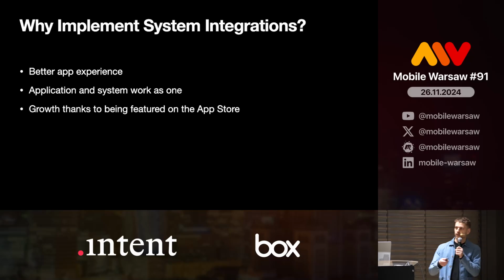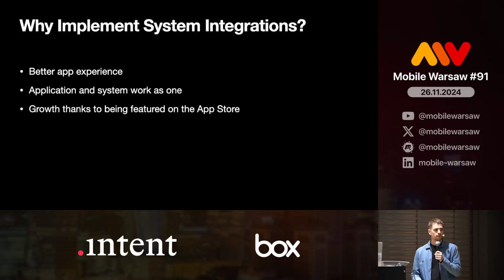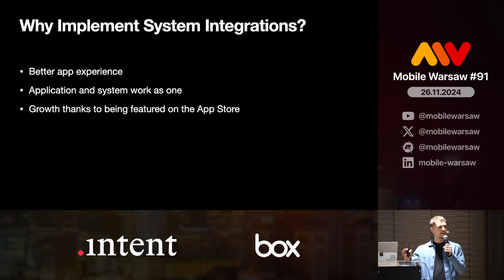And being featured on the App Store is a huge boost for us. So you can also try this to reach a new audience, because Apple is really happy to showcase applications that have already applied some system features that they are releasing. They're always showing, okay, take a look, we have a new system feature like journaling suggestions. And here's an application that already makes use of this feature.